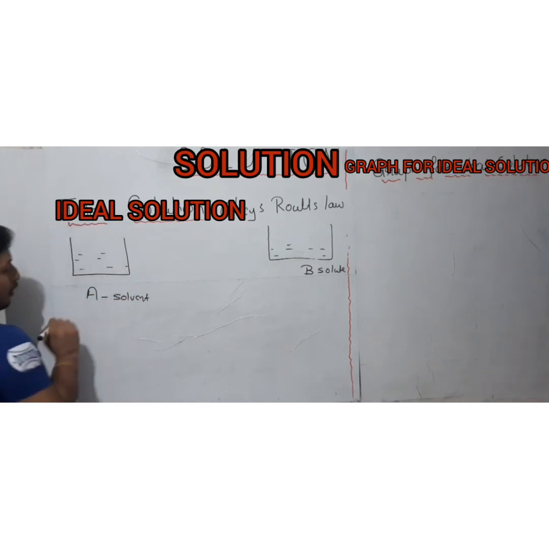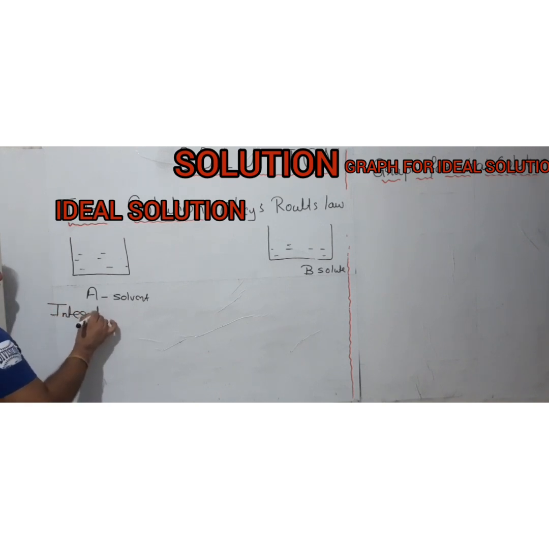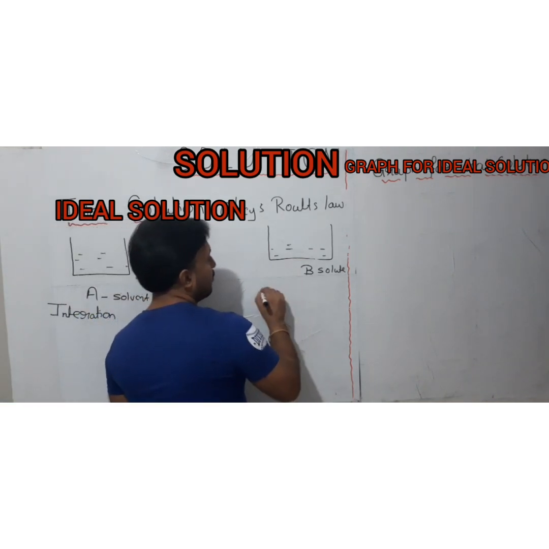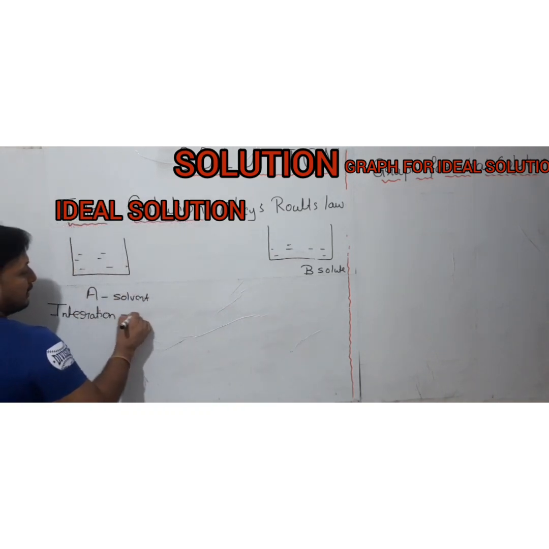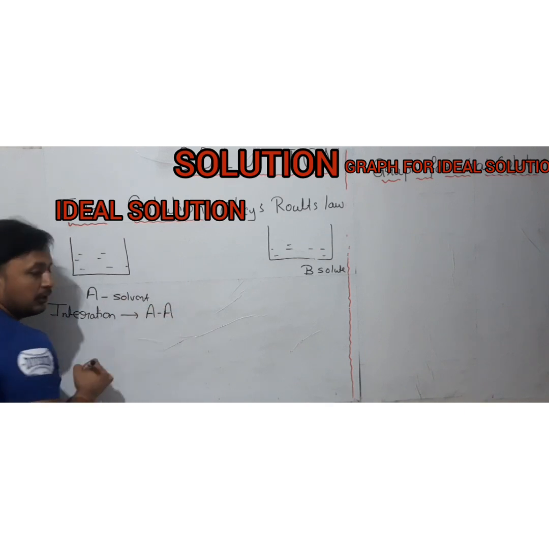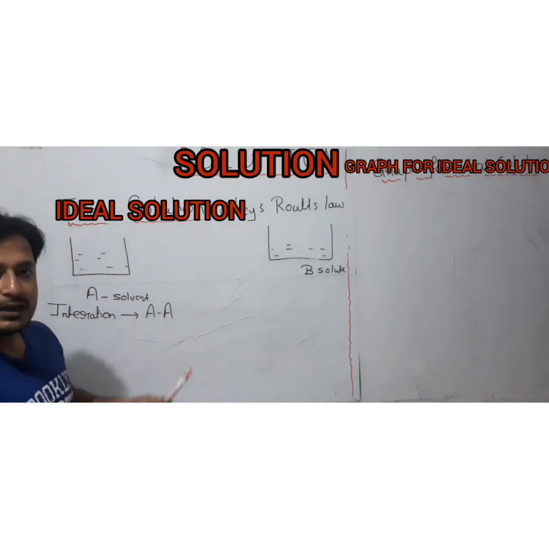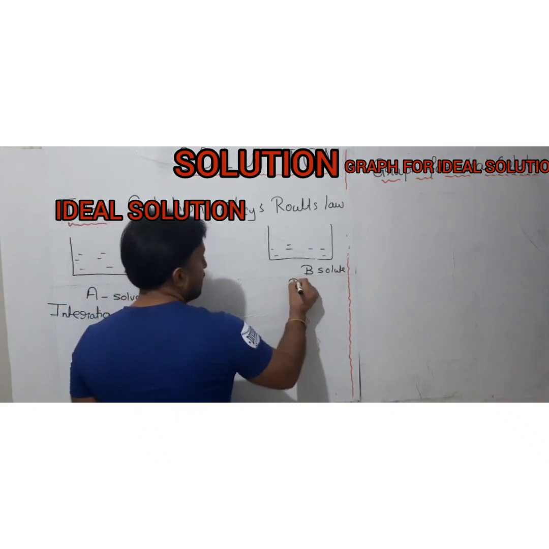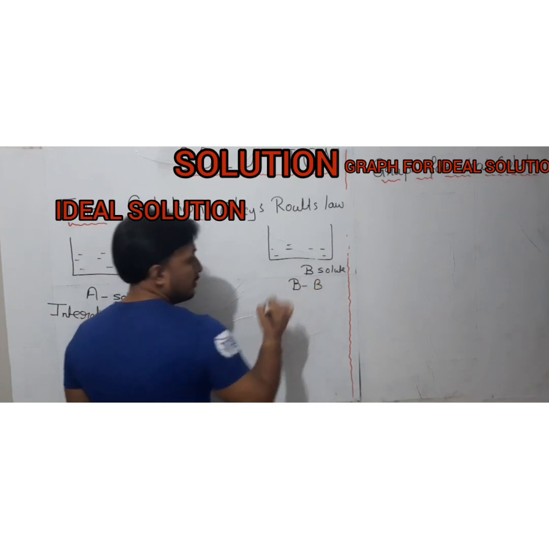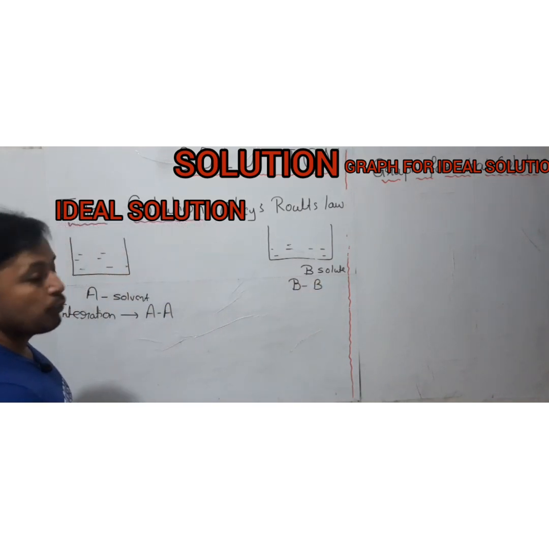Now in the pure state, what is important is what kind of interaction they are having, that is, what kind of particles are present. In component A, the interaction will be of kind AA, meaning molecules of similar kind will be present together, while in the case of B, the interaction will be of type BB.